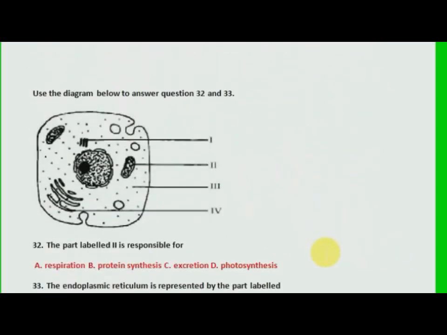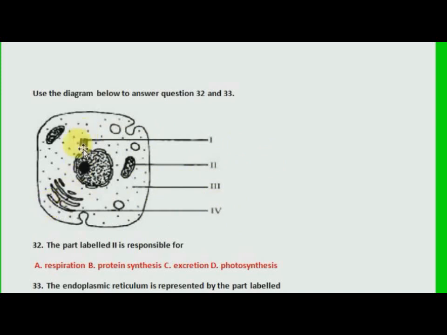Now, this is a diagram of a typical animal cell. What that means is that it's not every animal cell that looks like this, but the major animal cells are meant to have something like this. The part labeled 1 is your Golgi apparatus, then mitochondrion, cytoplasm, then endoplasmic reticulum.